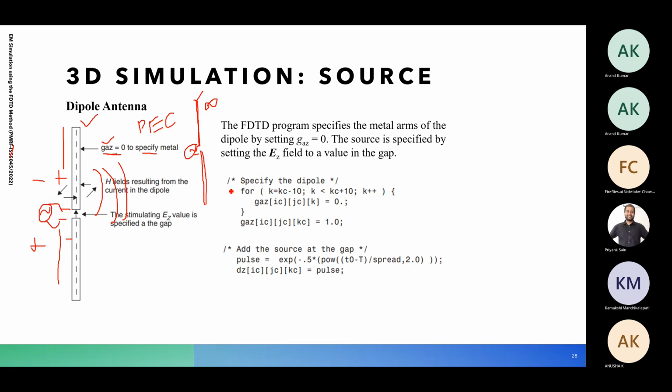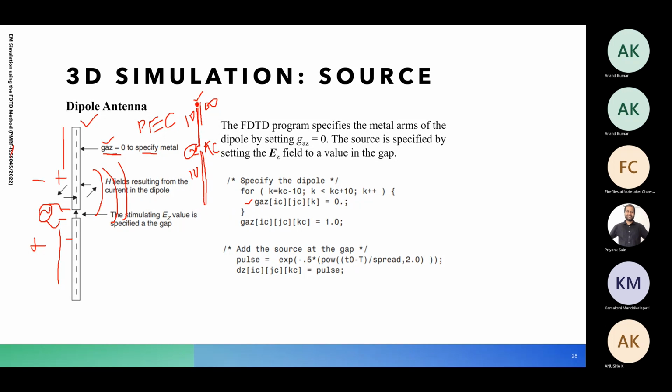Outside the loop, where for example we specified the relative cylinder, similarly over here we'll make GAZ at 0. So for this entire space, starting from Kc minus 10 to Kc plus 10, where Kc is basically the center node, so 10 nodes above and 10 nodes below, we are making all the points on this line 0.